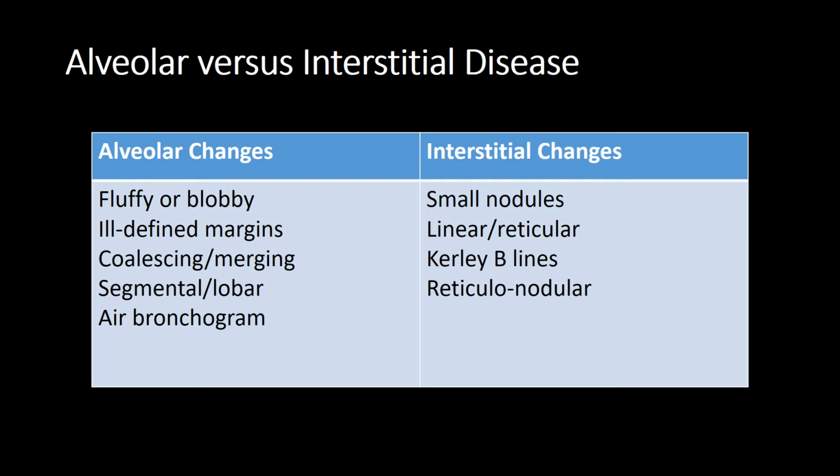You may get segmental or lobar appearances. You may get air bronchograms. Interstitial changes are small nodules. They're linear or reticular. You get what's known as curly bee lines. And then reticulonodular.